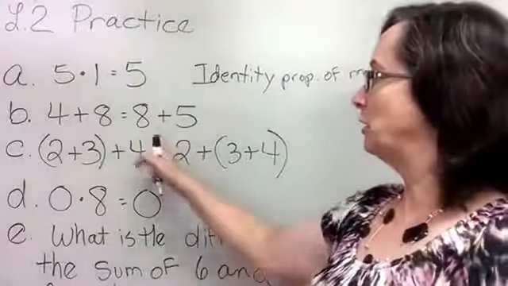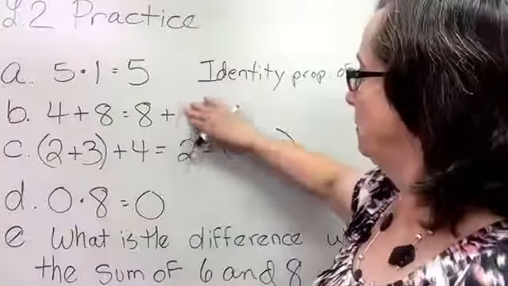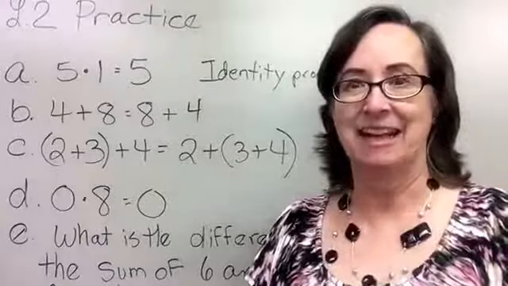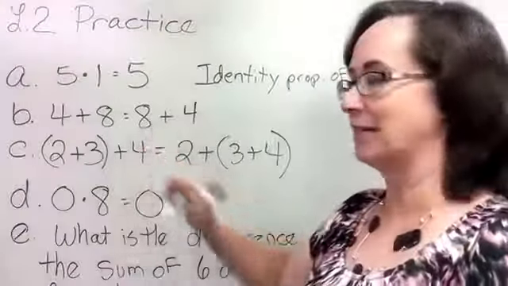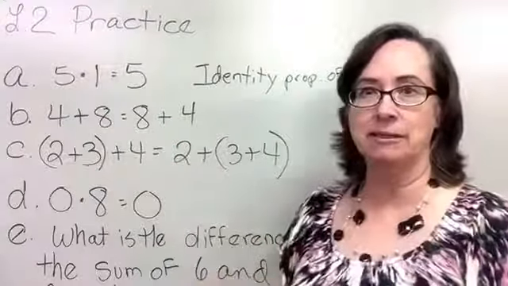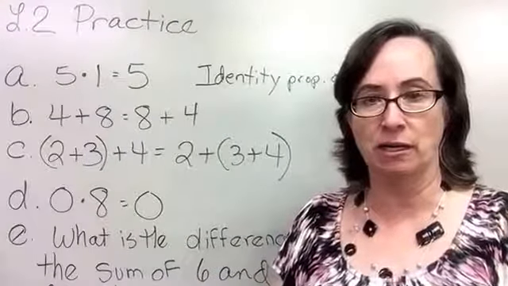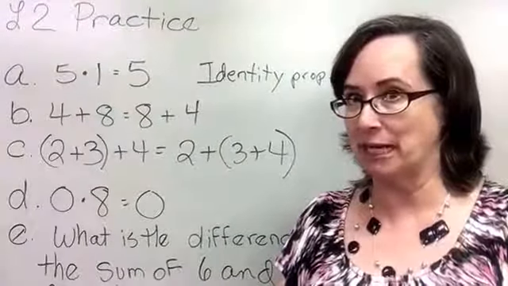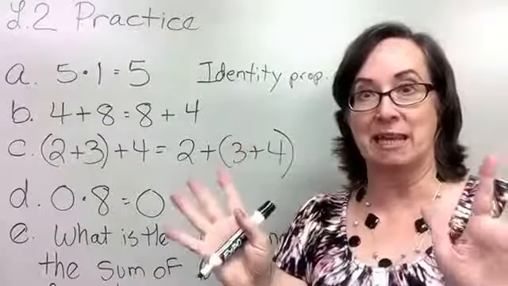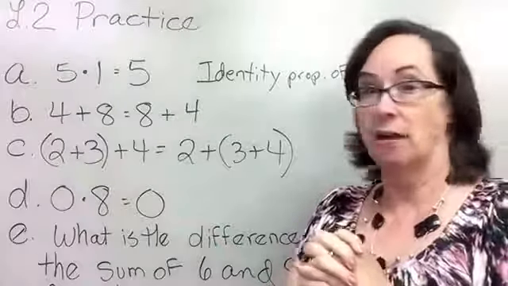Now, I want you to do this one before I get there. 4 plus 8 equals 8 plus 4, which is the property where you could switch things around and they would be the same sum.